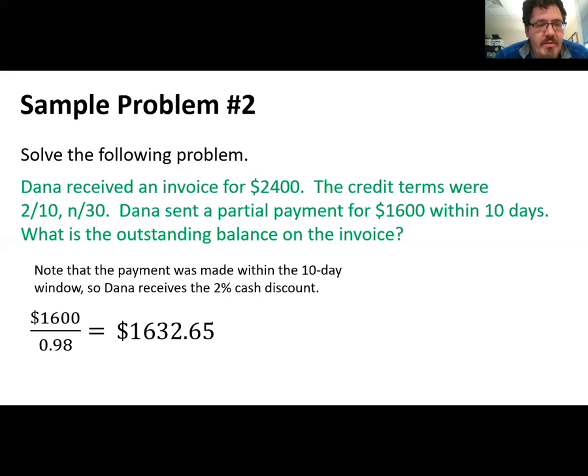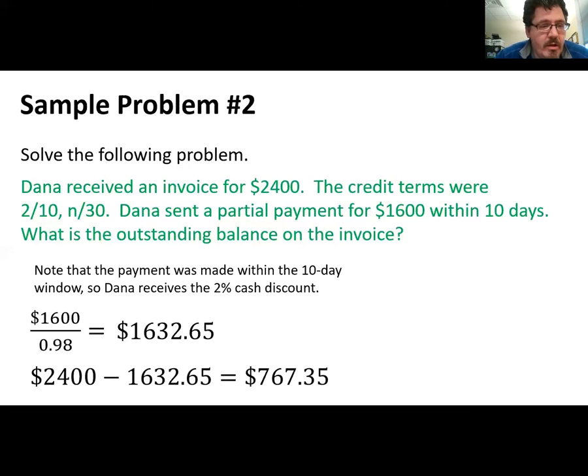All right, now, once we got that value figured out, now we can figure out what is remaining on her balance. So again, the original amount was $2,400. The company that sent the invoice is going to credit her account with the $1,632.65.